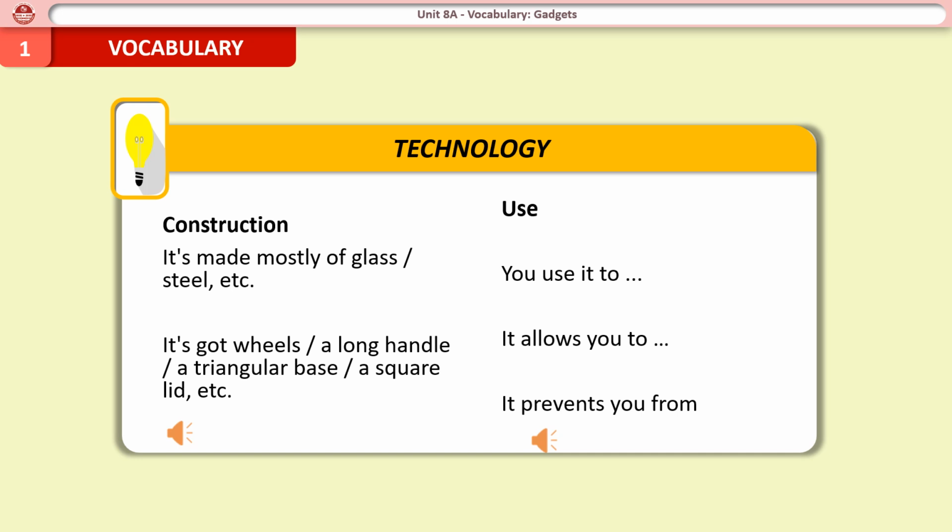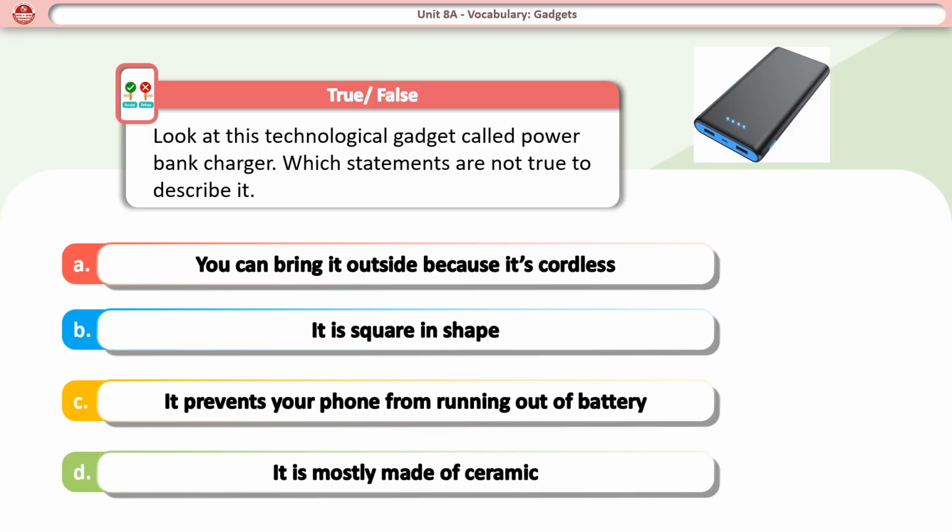So to make sure that you guys understand the use of this vocabulary, let's have a look at the last exercise here. It is a true false exercise. I gave you a picture of a technological gadget, and the name of it is power bank charger.